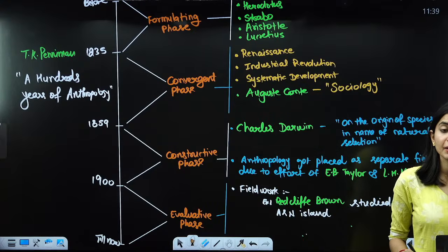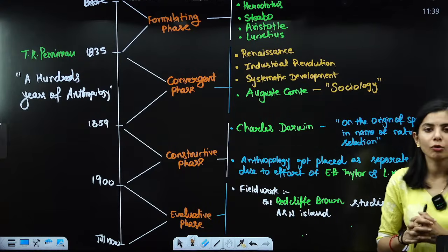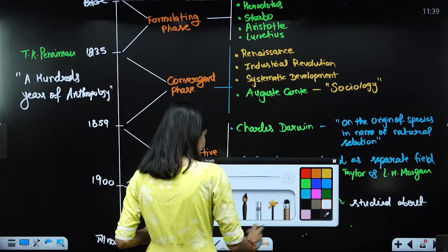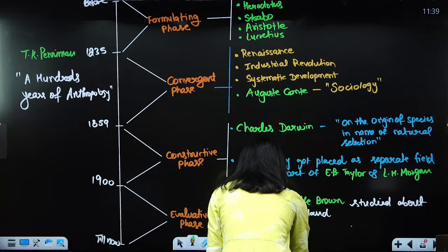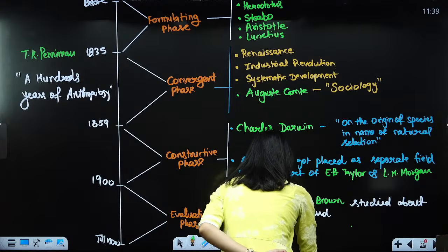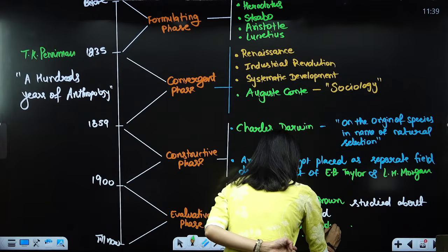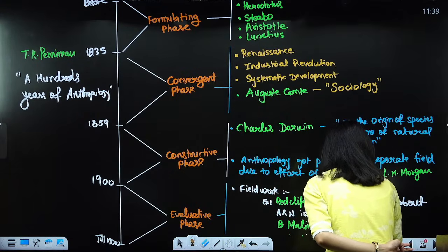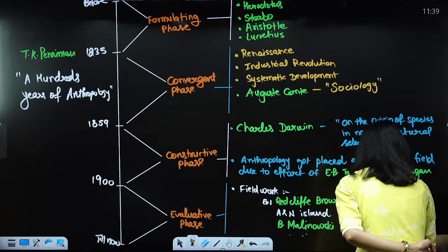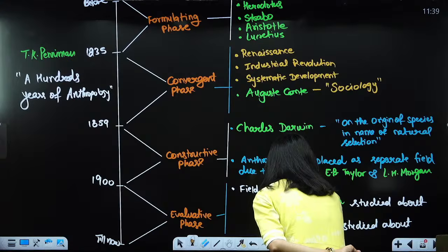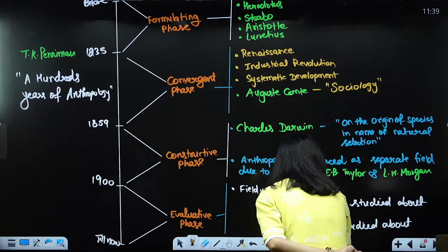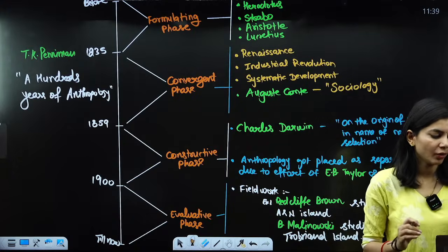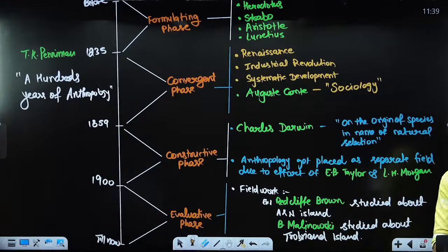And there was B. Malinowski also, who went to the Trobriand Islands and studied there. So there we can give examples of anthropologists and their field studies. We can write down B. Malinowski and his study about the Trobriand Islands. Okay, so this is all about the origin and development of anthropology as a separate field.